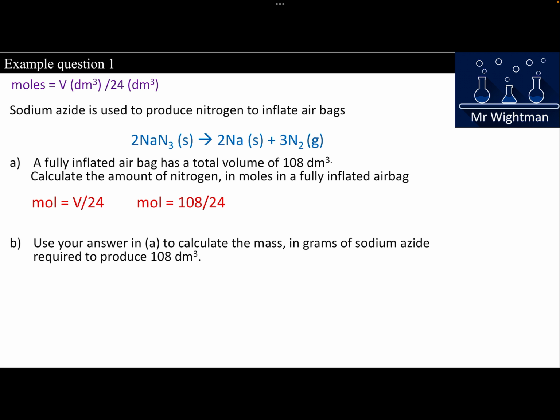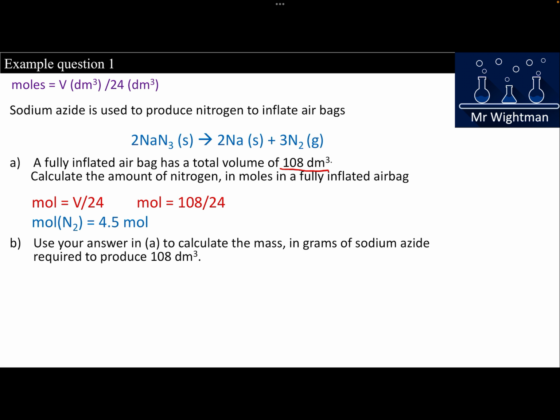So, moles equals volume over 24. The question has given me a volume of 108 dm cubed. So, 108 divided by 24 will give me the number of moles of the nitrogen in the airbag. This is 4.5 moles.